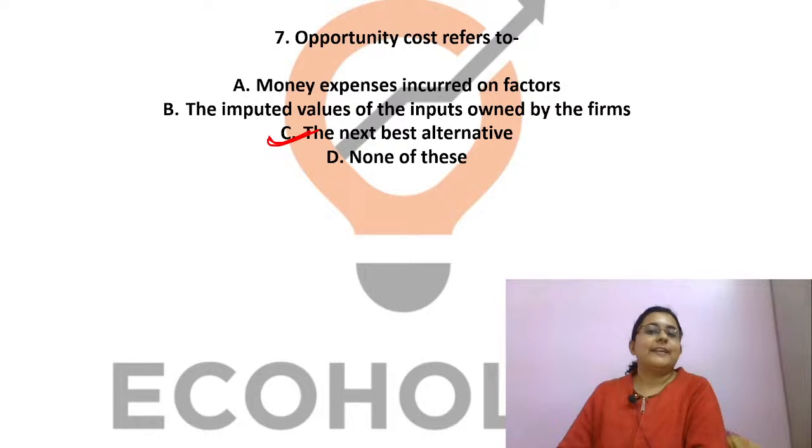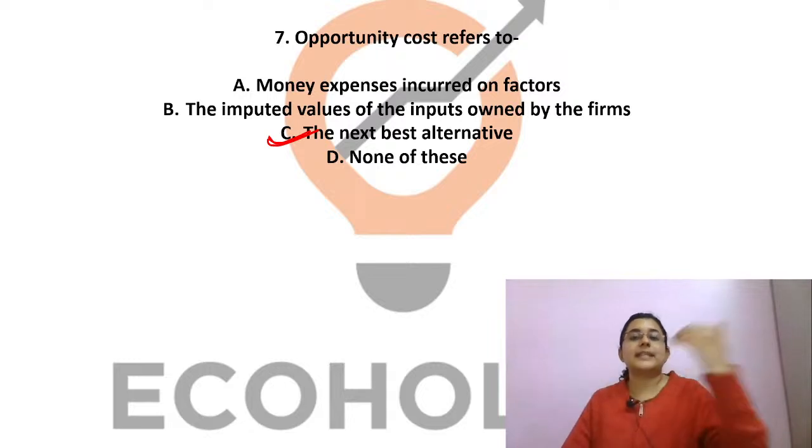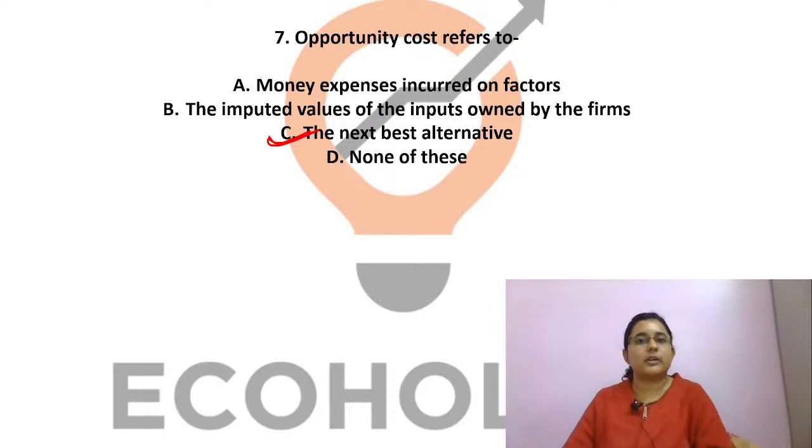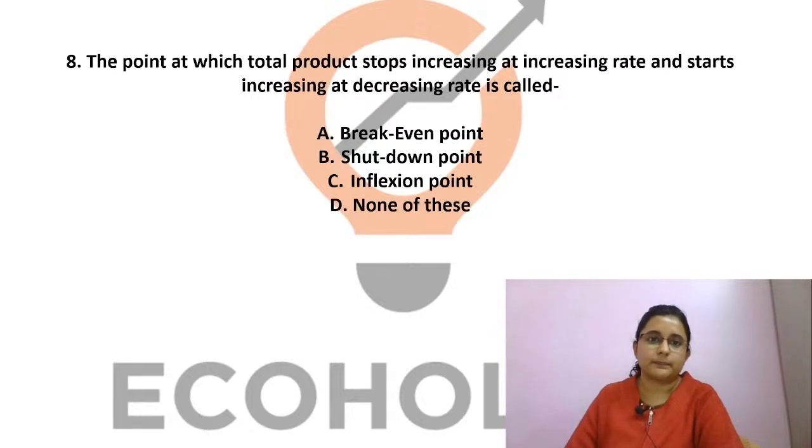One more example we can take. Suppose you have taken commerce in your plus 2, you didn't take science. So that is your opportunity cost, the next best alternative that you have foregone to choose commerce. So science would be your opportunity cost of opting for commerce.